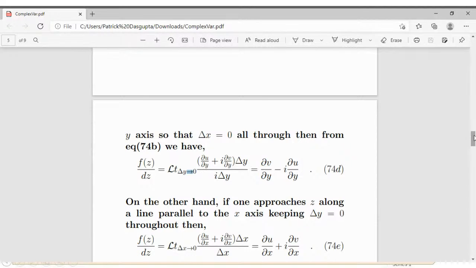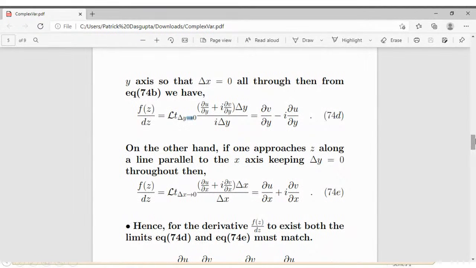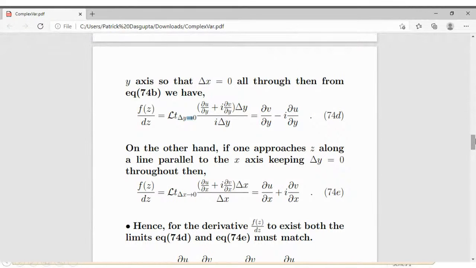While you can also consider approaching z along a line that is parallel to the x-axis. If you go along a line parallel to the x-axis, then y is constant. Any line that is parallel to x-axis, any point on the line will have the same value of y. So delta y will be 0. Only delta x can vary.